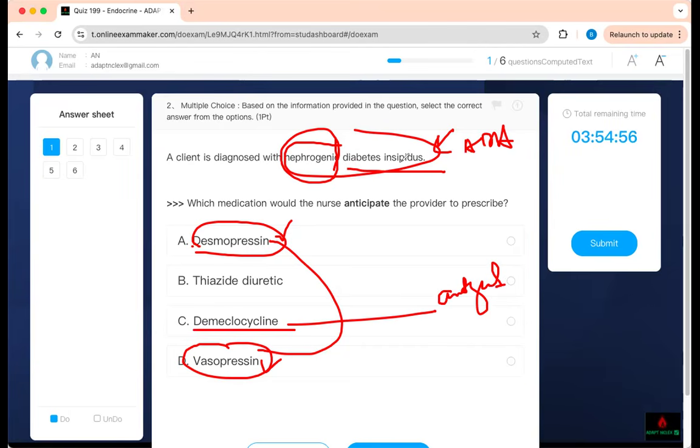Nephrogenic diabetes insipidus is the same thing as blocking ADH. If I give you demeclocycline, you develop nephrogenic diabetes insipidus. If I give you lithium, you develop nephrogenic diabetes insipidus. You see why content is very important. You don't memorize, you master that. And when you answer the question, don't jump the gun.